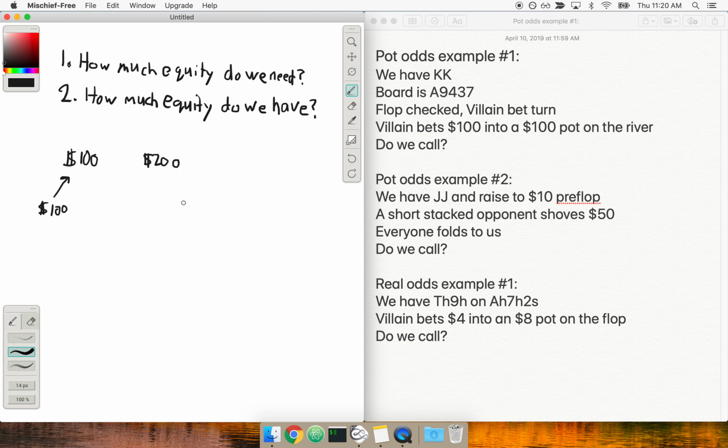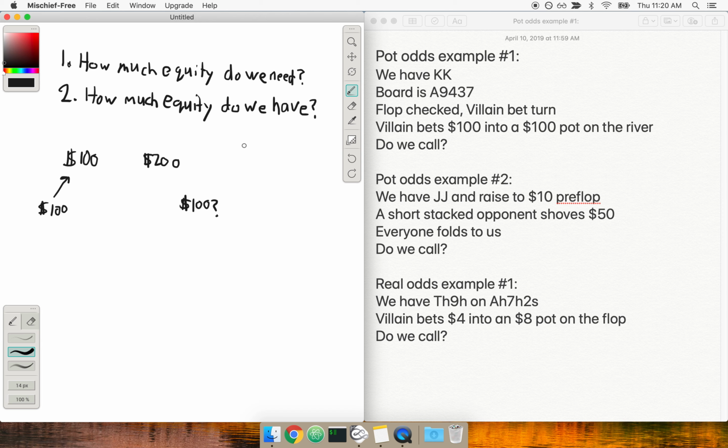And we're sitting here deciding whether or not to call another $100. Our opponent put $100 in, now it's $200, and we have to decide whether or not to call $100 in order to win the $200 pot.